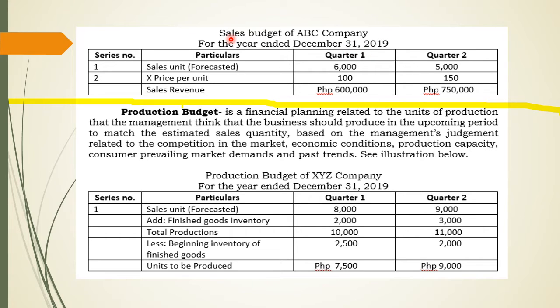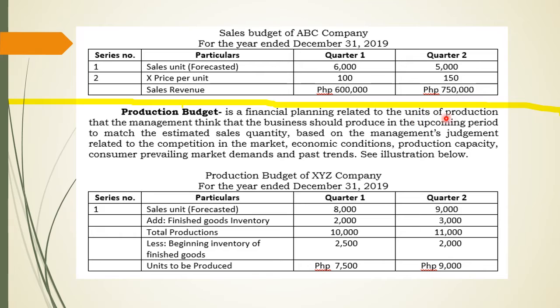So, as I have said earlier, kinahanglan maghimo sa una og sales budget before we make any other budgets. Because, like for example, sa production budget, kinahanglan nimo ang sales unit nga forecasted. Okay, now let's go to production budget.